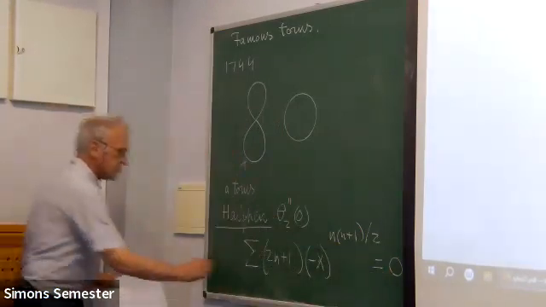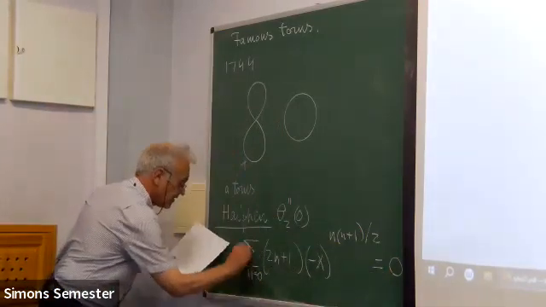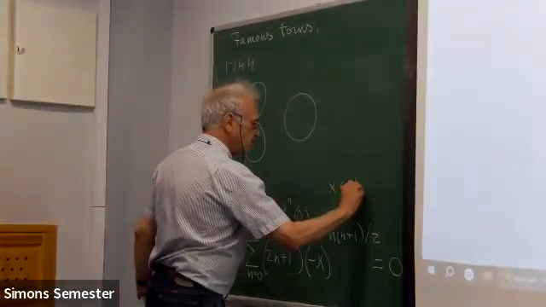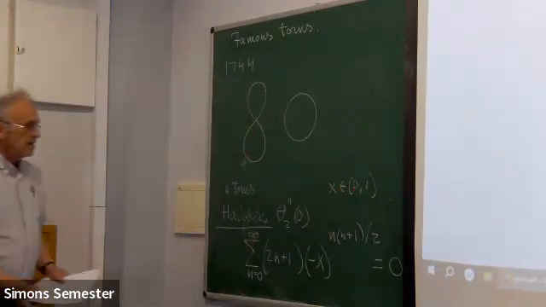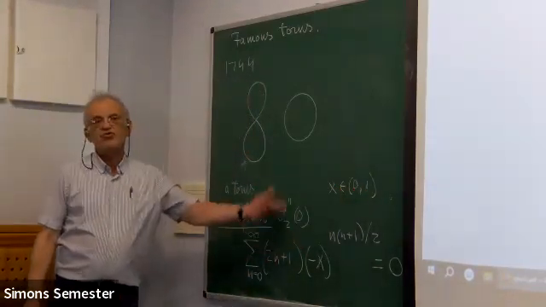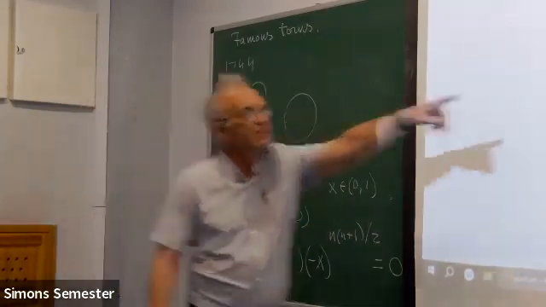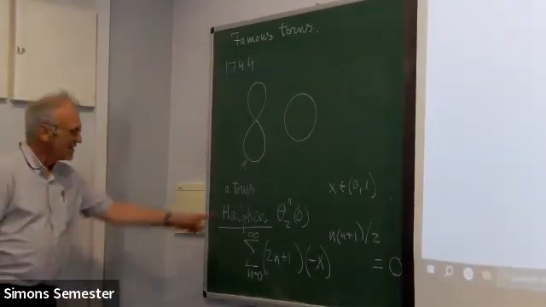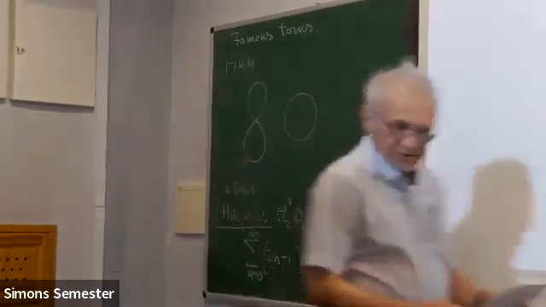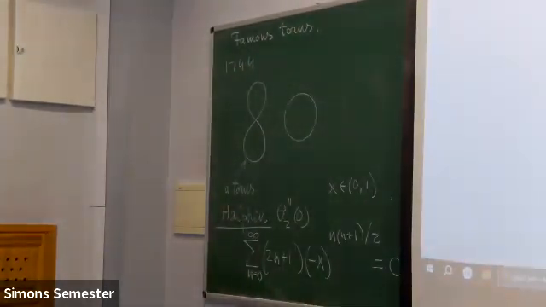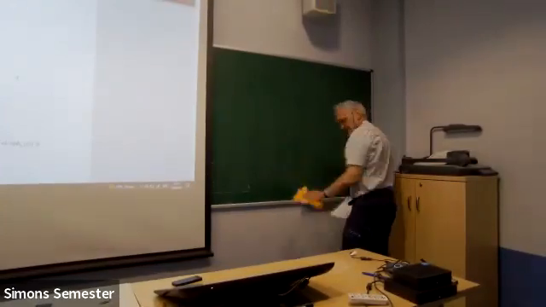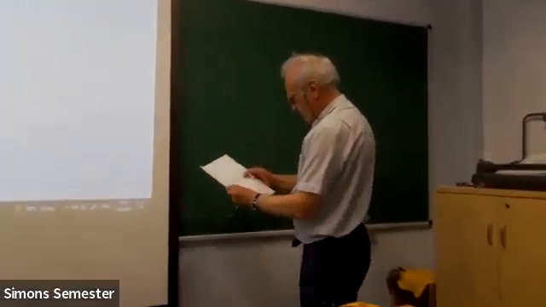This equation has a unique solution on 0, 1, and it is e to the 2 pi i tau, where tau corresponds to this torus. But this is not the end of the story.